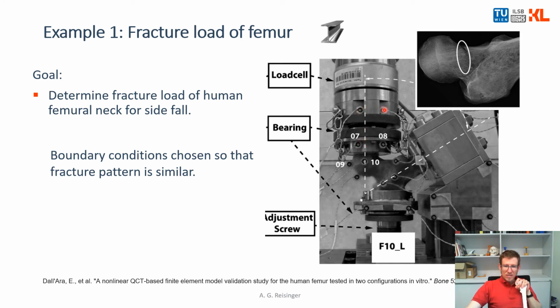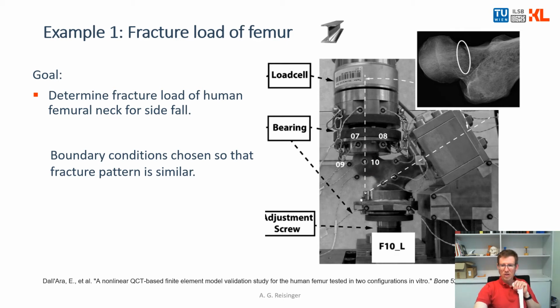Then these things here with the small wires are optical markers that could measure the displacement of these points in 3D with an accuracy of around 20 to 30 microns. So a very precise optical measurement was applied here to track the displacement of all these different positions in space. Then the bone was clamped here, the load was applied until fracture, and then it was unloaded.